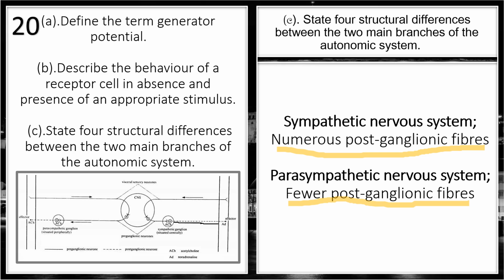For the sympathetic, there are very many postganglionic fibers, whereas for the parasympathetic, there are very few postganglionic fibers.